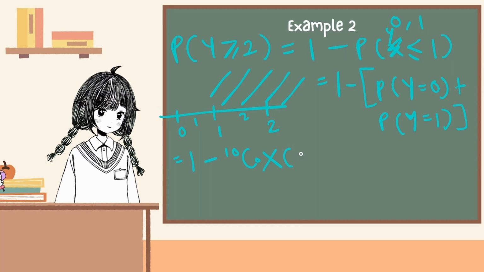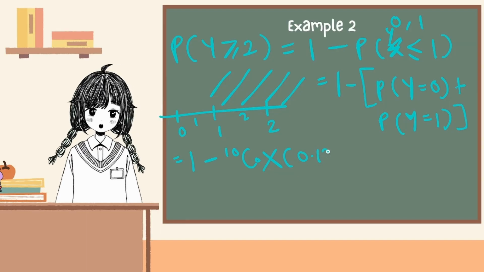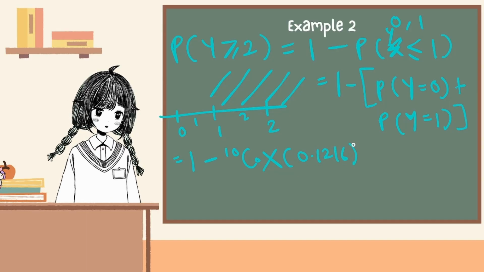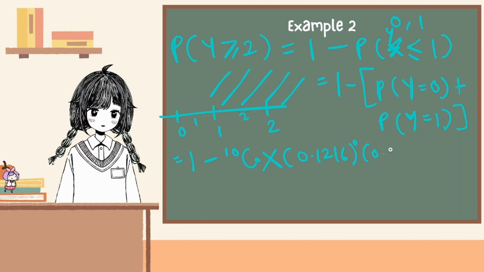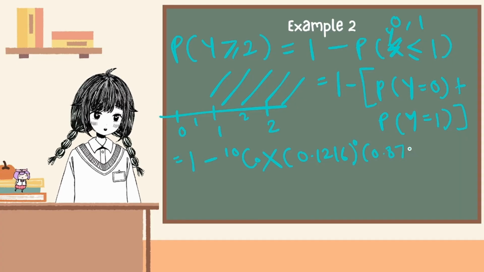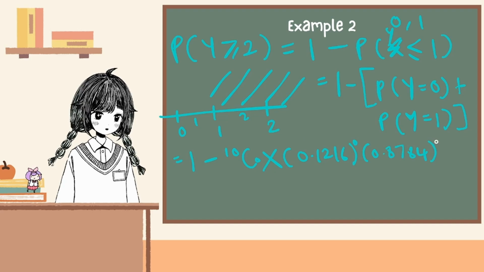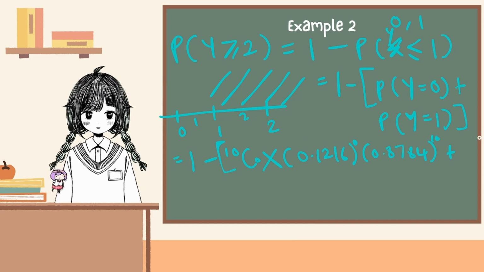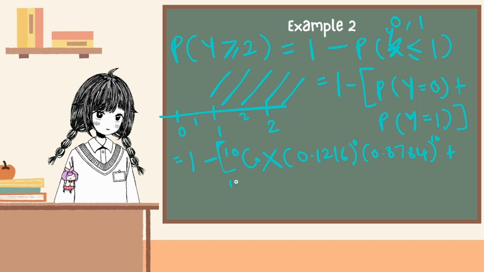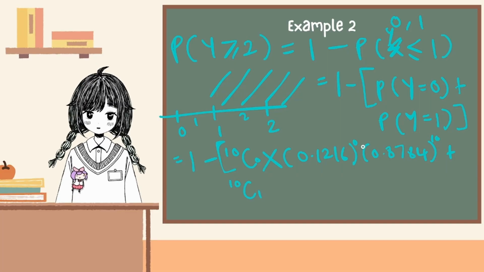So here 0.1216, 0.8784, 10 choose 0, plus 10 choose 1.